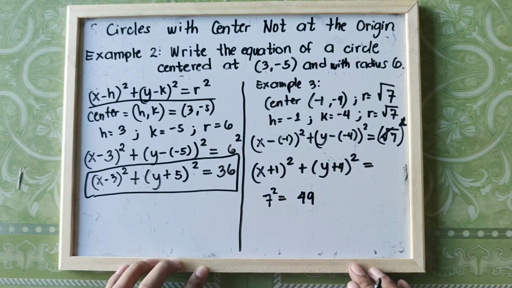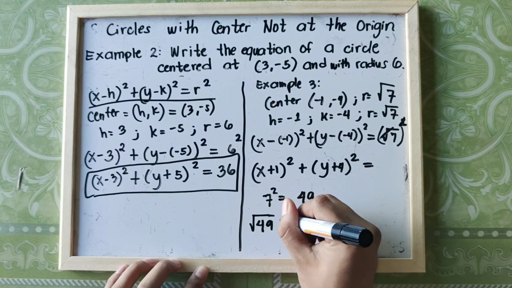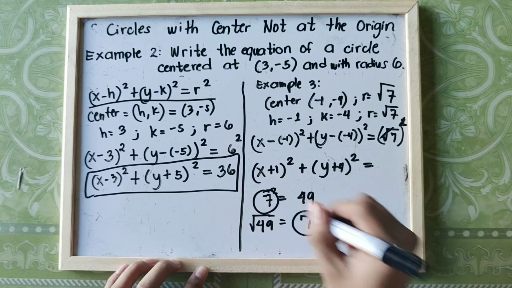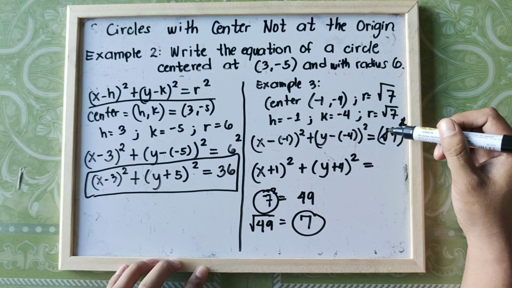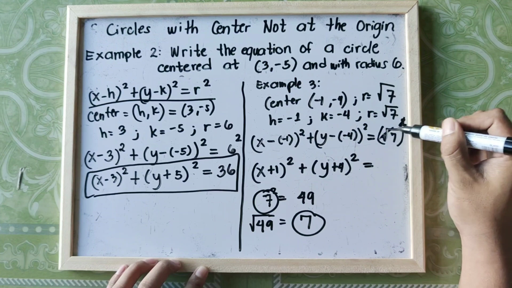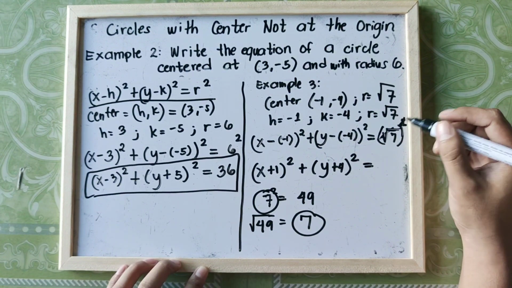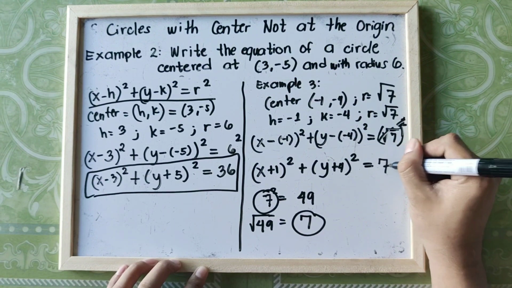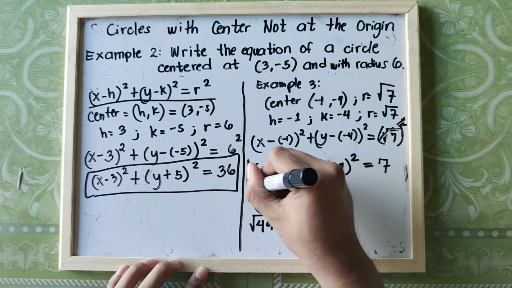And in reverse, the square root of 49 is 7. So it will just result to the original number. So that is why if you have seen an equation like this, with a square root and a square, simply cancel the square root and cancel the square, so it will become 7. Therefore, the standard form of an equation of a circle is this one.